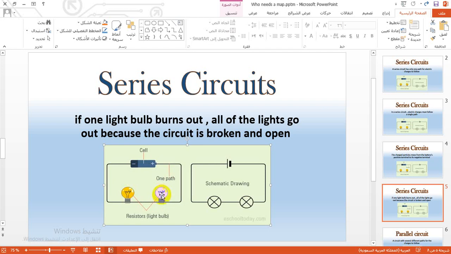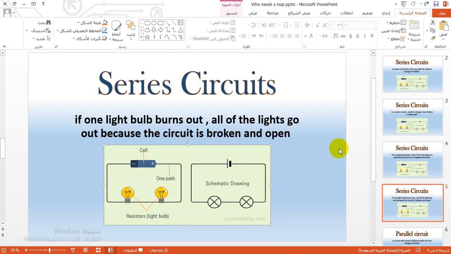It will not move to the other part, because the bulb is apart from the path, from the circuit itself. For that reason, if this one burns out, the whole circuit will be broken and open, because the charge will stop here and will not move to the next light bulb. I think you understand now what I mean, okay guys.